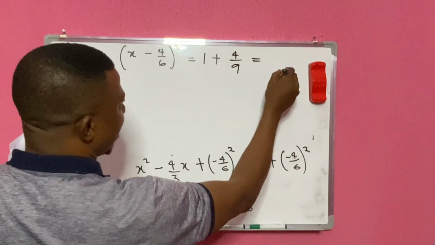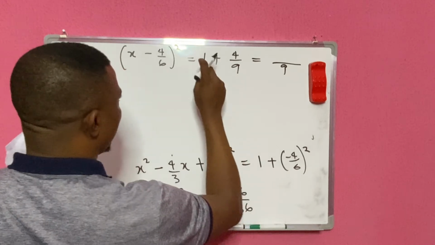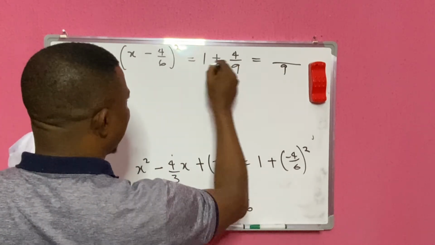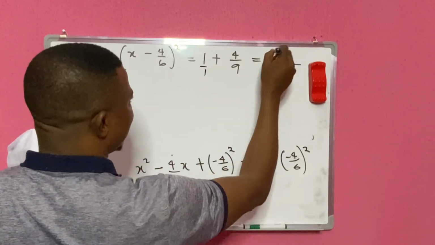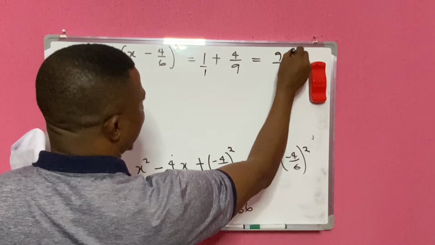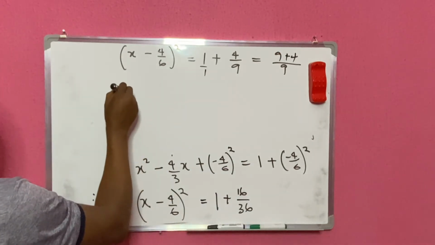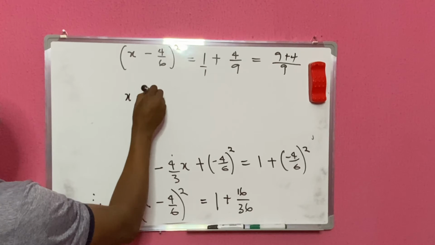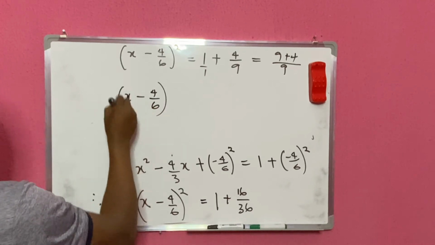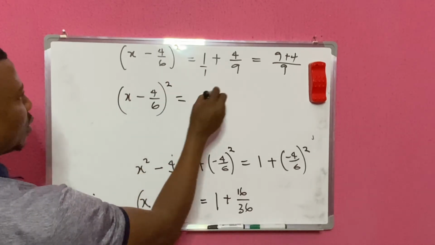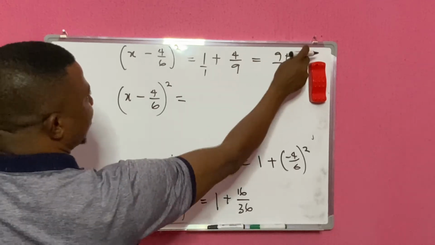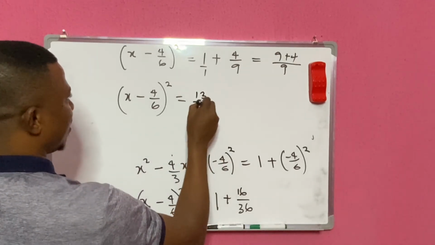So what's the LCM? 9. 1 divided by 9 times 1, 9, plus 4. x minus 4 over 6, all squared, is equal to 9 plus 4, 13 over 9.